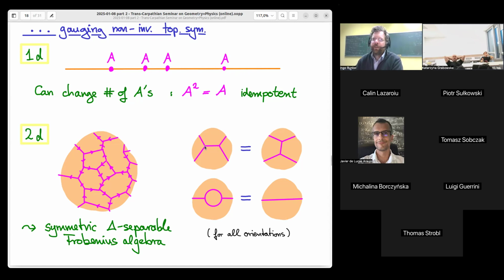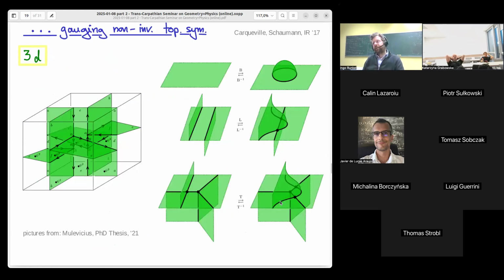Then these vertices can give you a product and a coproduct, and delta-separability will be this identity here. So that's in 2 dimensions, and in 3 dimensions, well, it just looks more complicated. So I've got some 3-dimensional foam here, and again, there are local moves, which if your correlators are invariant under these local moves, then the precise shape of the foam does not matter, because you can transform any one such foam configuration into any other by using such moves.